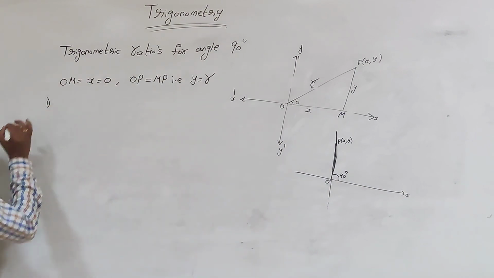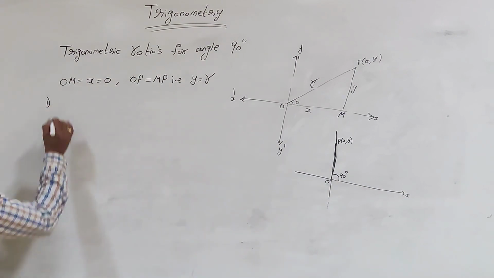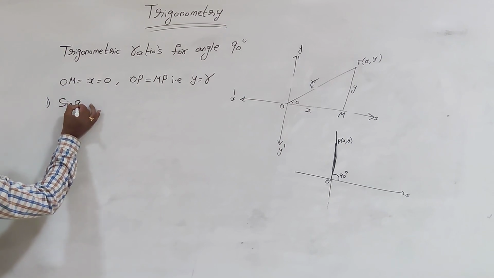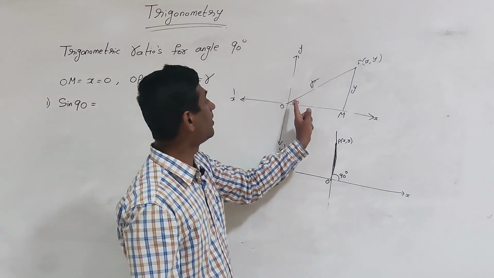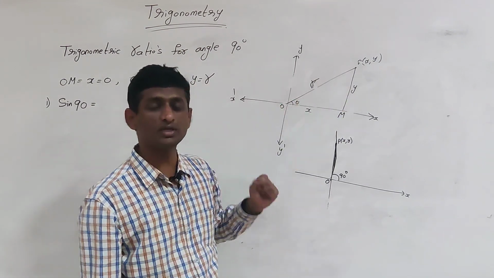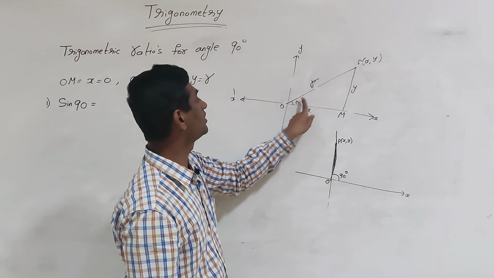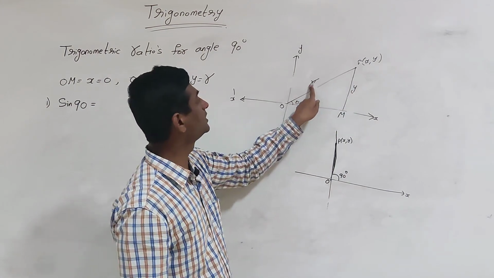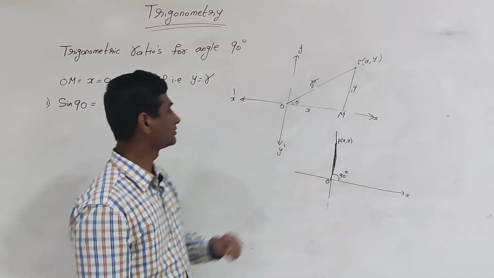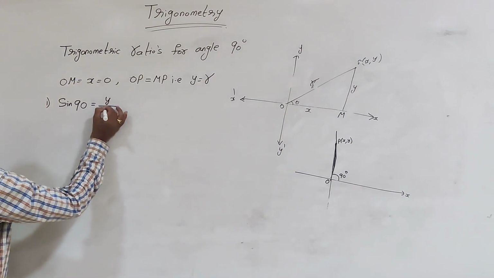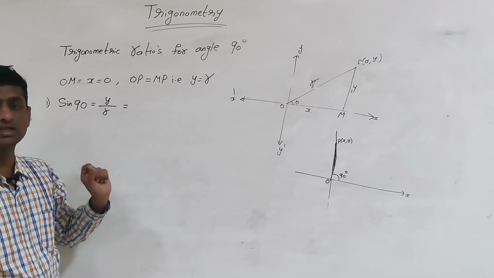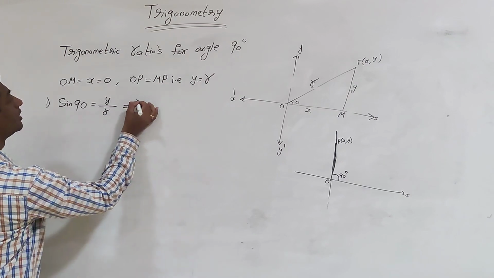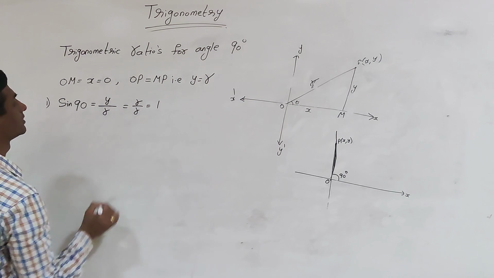Now we'll go for the 6 ratios. Sin 90 degrees. As per the definition, opposite side of theta, but theta is 90 degrees here. So the opposite of theta is y and hypotenuse r. Y by r. But in this case both are equal. The lengths are equal. So r by r is equal to 1.